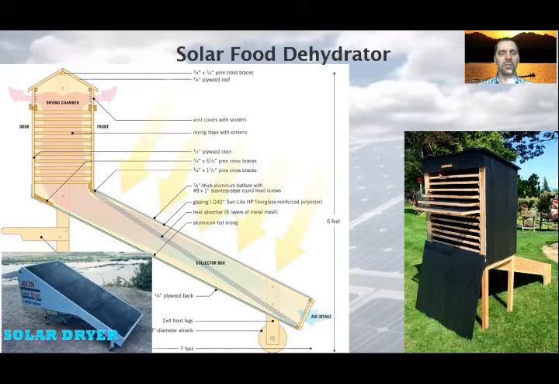Air entering through the intake is warmed as it passes over the absorber screens and then flows into the drying chamber. There, the heated air draws out the food's moisture before exiting through the vents just below the roof.